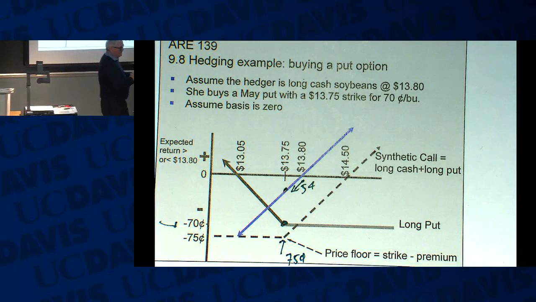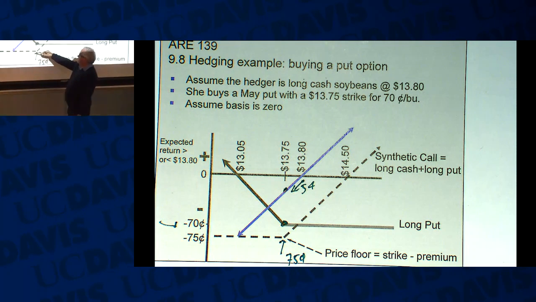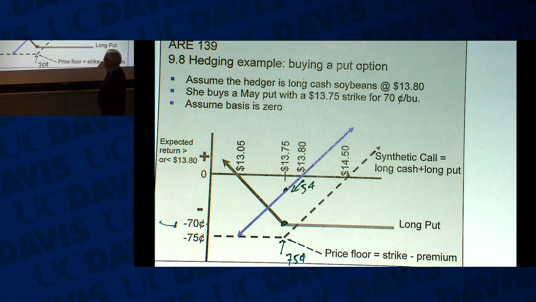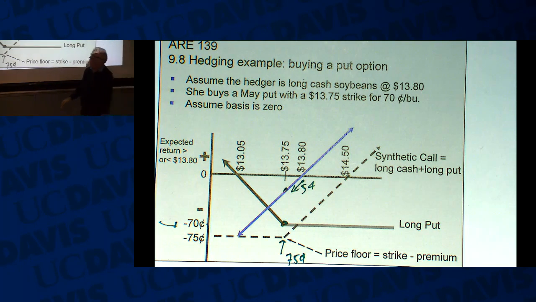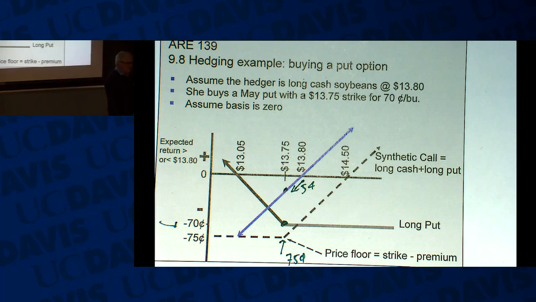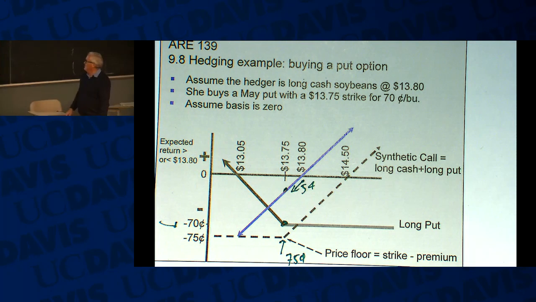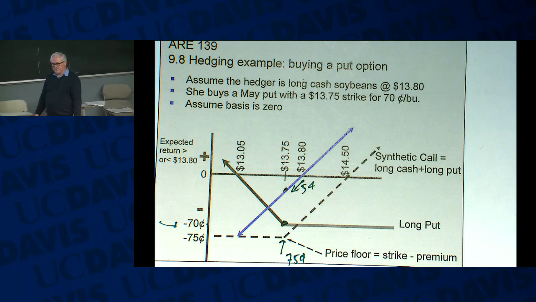If that's where the price settles, then you get 75 cents less than 13.80, or 13.05. If the price rises to 14.50, then you're going to earn a return of 13.80. It has to go that high because this was an expensive option, right? You paid 75 cents for it. If it goes above 14.50, then you're making additional profit.